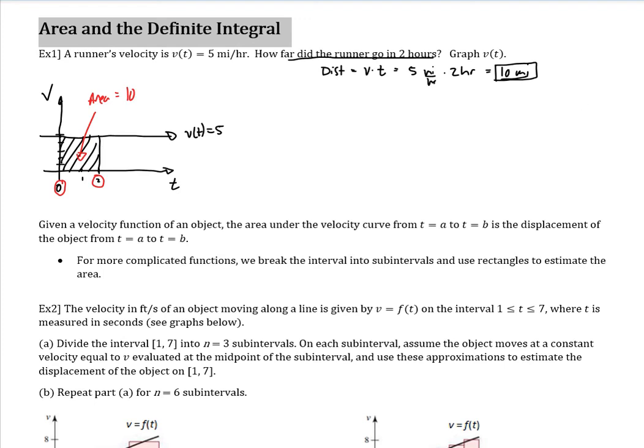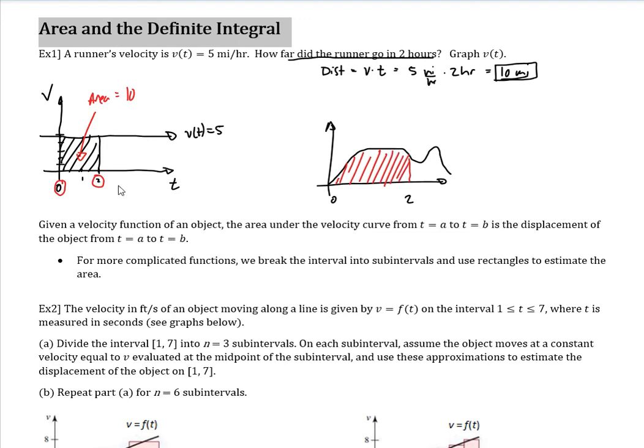What would carry over is if this runner ran at some other function, where the runner slows down, speeds up, and so forth. Maybe the runner takes off very slowly, gets to a constant speed, but then slows down with some wind, and then slows down again. Still, from time 0 to time 2, that would be represented by an area under this curve, which would show us a total distance.